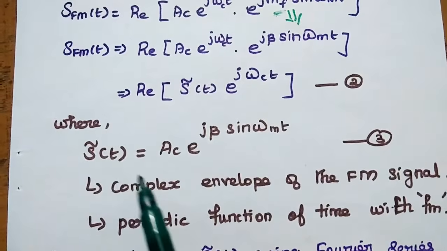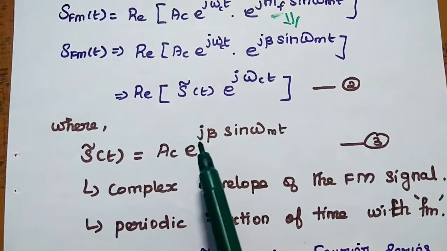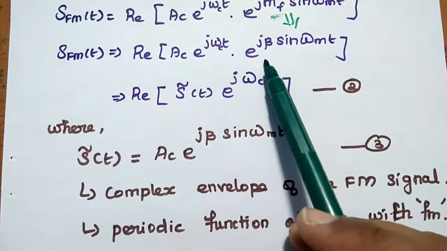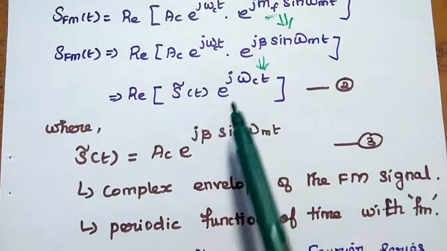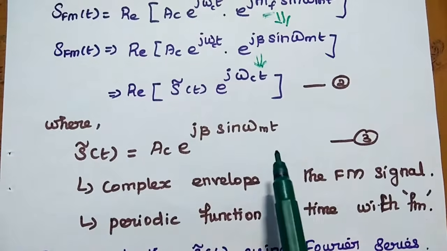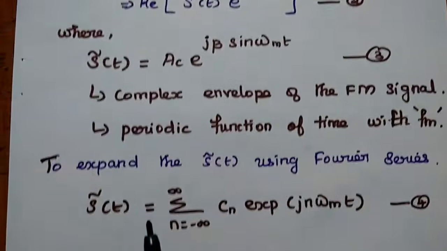This is nothing but Ac times e power j beta sin omega m t. This combination is called s cap of t, the complex envelope of the frequency modulated signal. It is a periodic function of time with respect to the modulating frequency. So this expression can be written as s cap of t times e power j omega c t. Consider this as the third equation; the previous one is the second equation and this one is the third equation.